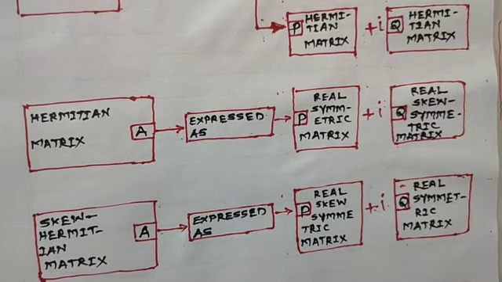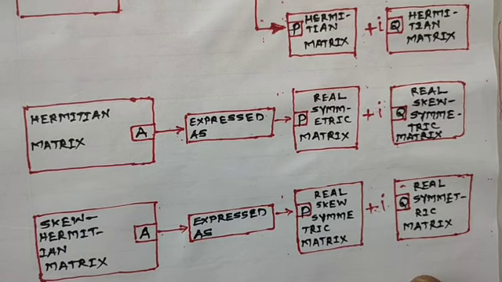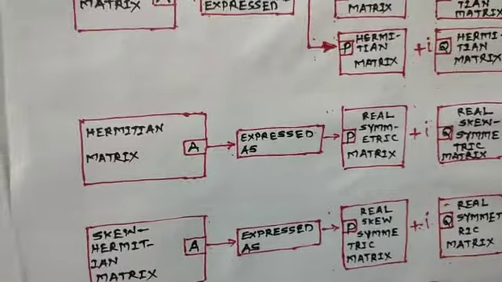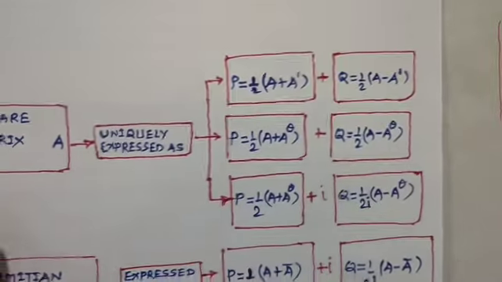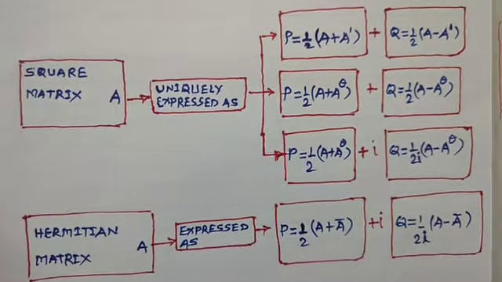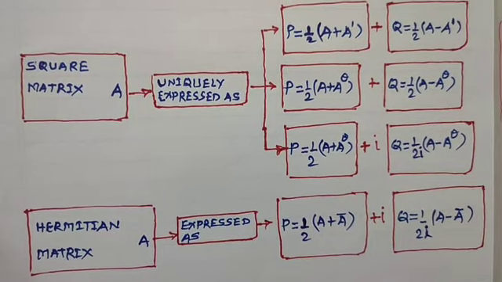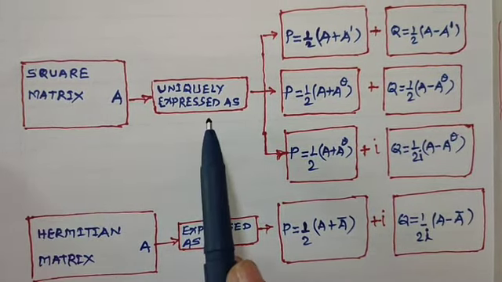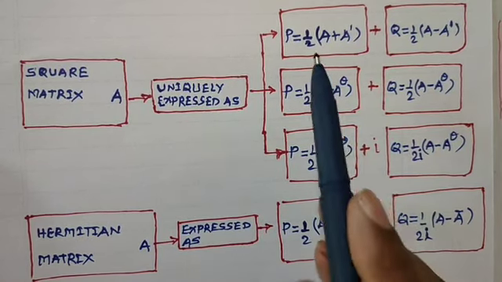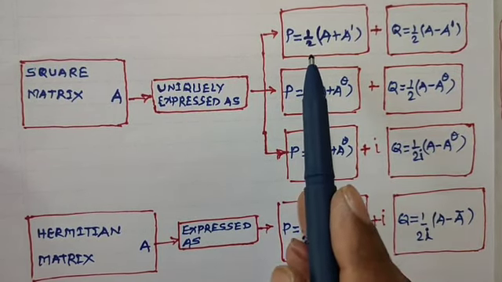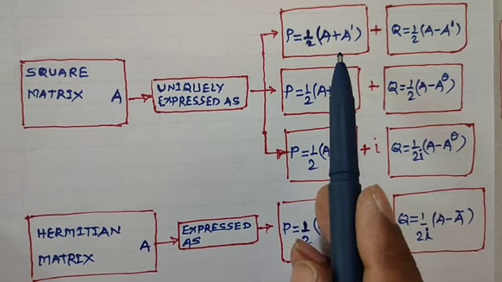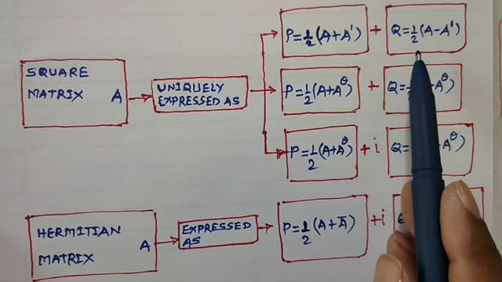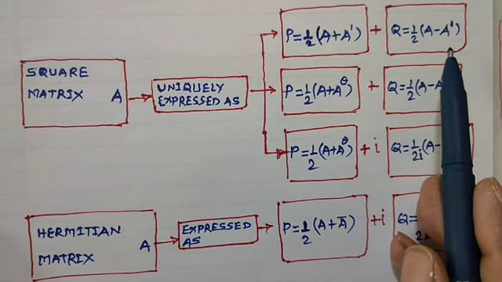Again the same box form for proving these properties. You have to remember some of this part, which is an important part. Like in the previous case, every square matrix can be uniquely expressed as P plus Q, where P will be in the form of half of A plus A dash and Q will be in the form of half of A minus A dash.